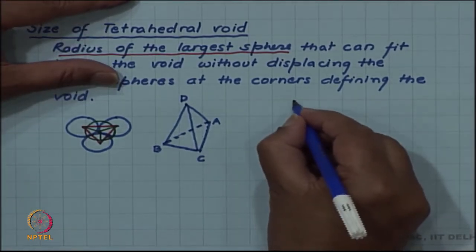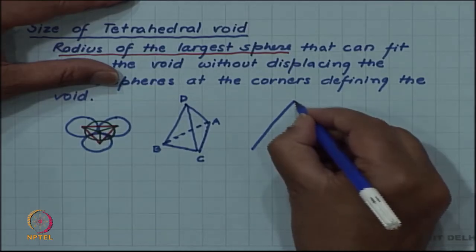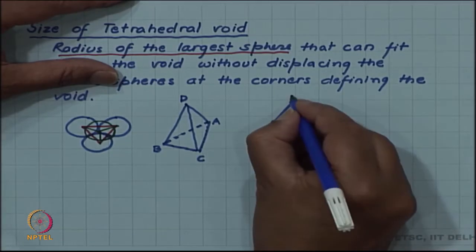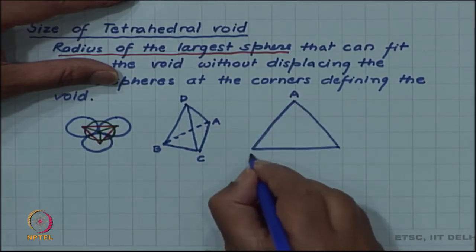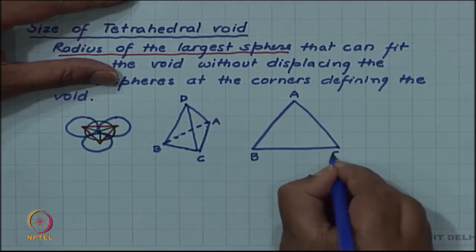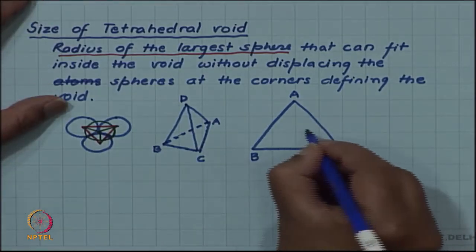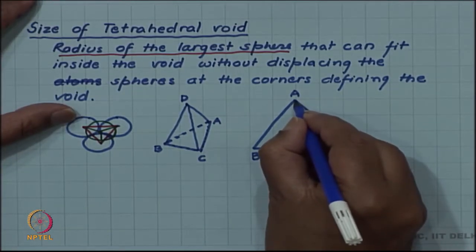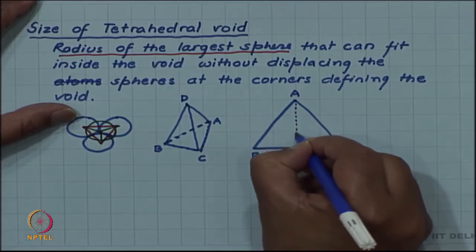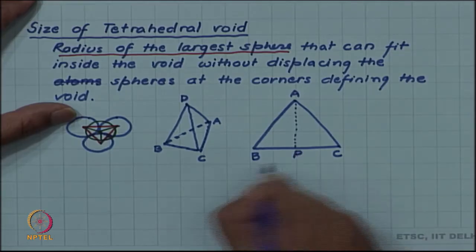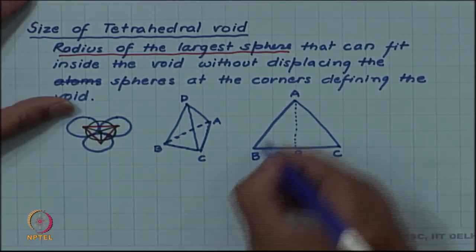So, let me draw the base triangle ABC, and let me drop a perpendicular from A to the other side, AP.